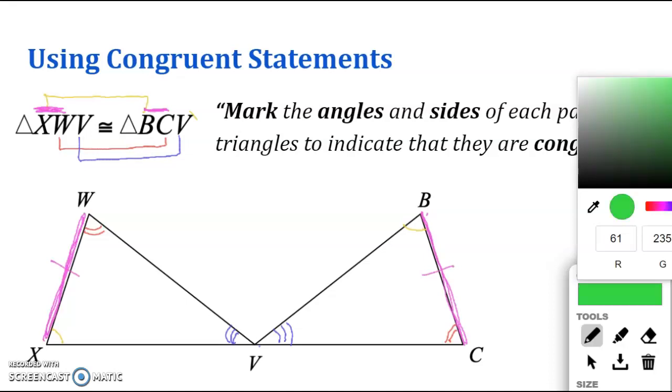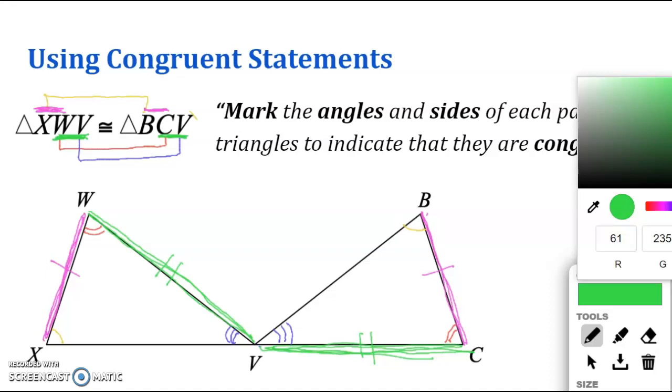Okay, all right. So then next, I am going to use these 2. W and V is this side here. And that corresponds to the last 2 letters, which is CV. CV is this one. No, it's not the top one. It's the bottom one. So that means I am going to put 2 notches there and 2 notches there, to say that these 2 are the lengths that are corresponding.